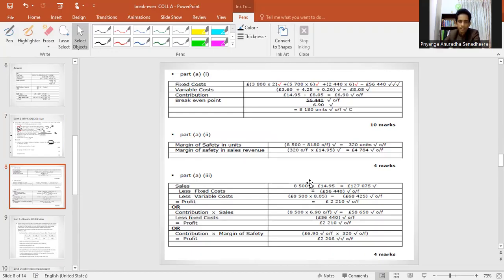That's sales. Then you deduct the fixed cost. Already we calculated the fixed cost. It's 56,440. And the variable part is variable cost per unit. We calculated that, I think 8.05, and it should be multiplied by the 8,500.